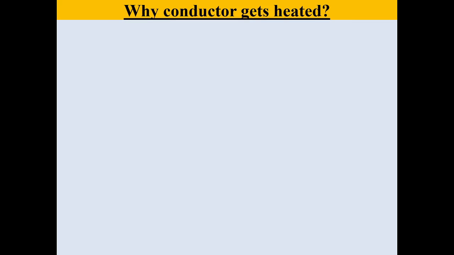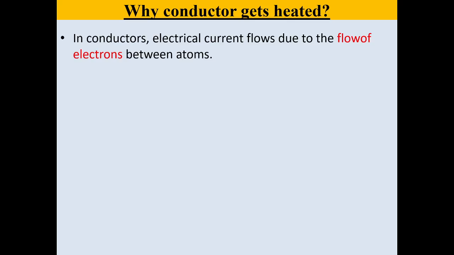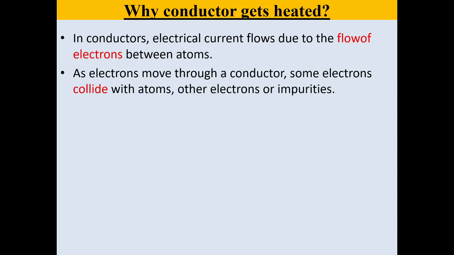So why does a conductor get heated? Whenever a current flows through a conductor, heat is generated across it. Why does this happen? In conductors, electric current flows due to the flow of electrons between atoms. So flow of electrons, we say that it is electric current. As electrons move through a conductor, some electrons collide with atoms, other electrons or impurities.